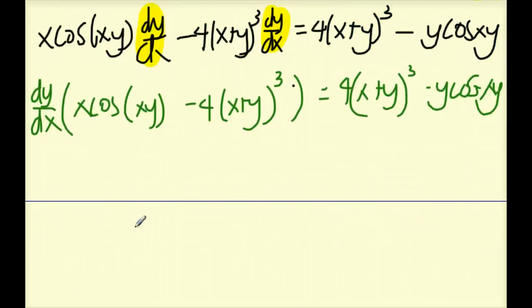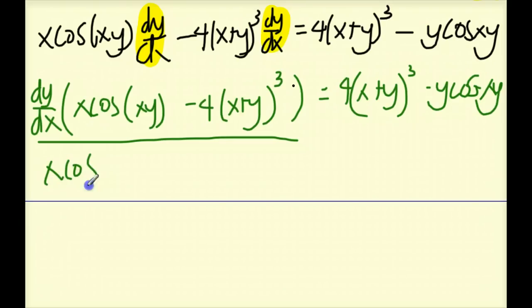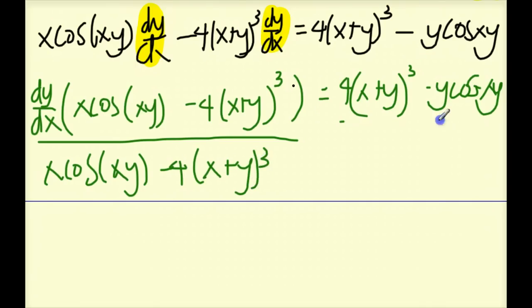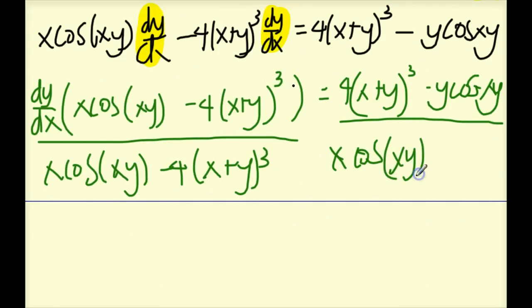I need to divide this whole thing by x cosine of xy minus 4 times (x + y)^3. So on both sides, I'm going to do that. x cosine of xy minus 4 times (x + y)^3. This is going to cancel out over here.